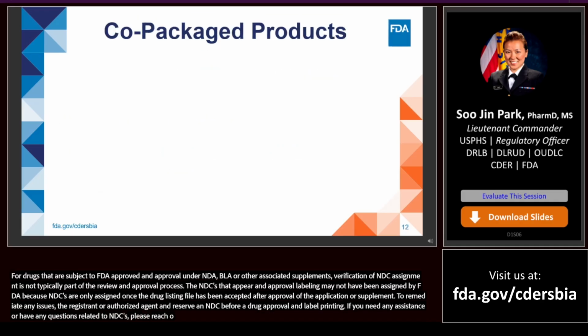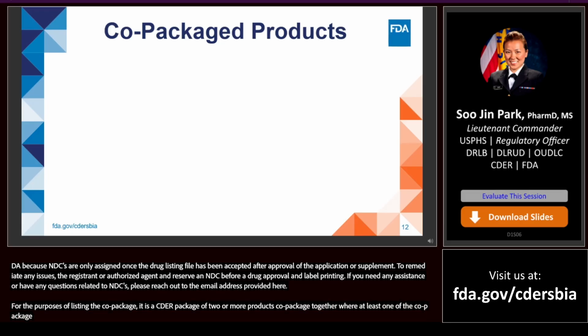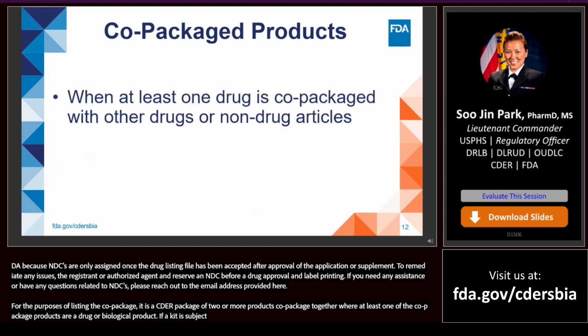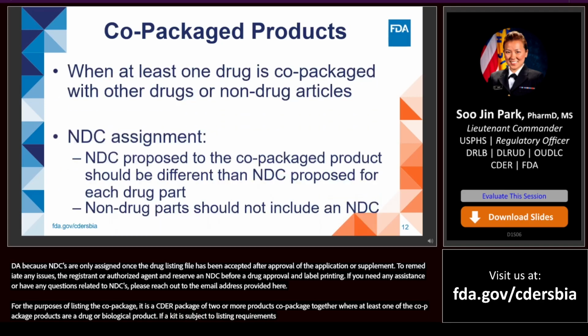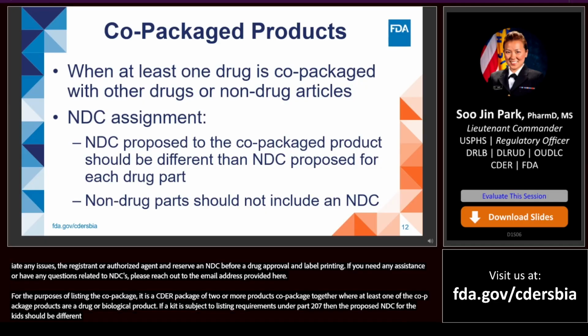For the purposes of drug listing, co-packaged products are considered kits. And it is any CDER or CBER-led single package of 2 or more different products co-packaged together where at least one of the co-packaged products is a drug or biological product. If a kit is subject to drug listing requirements under Part 207, then the proposed NDC for the kit should be different than the NDC proposed for any of the individual drugs or biological products included in the kit.